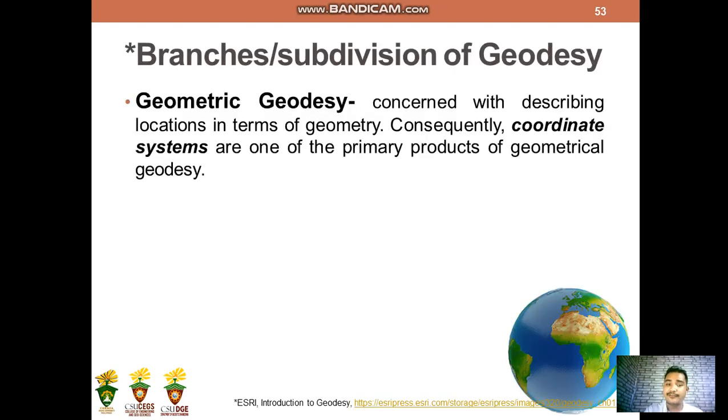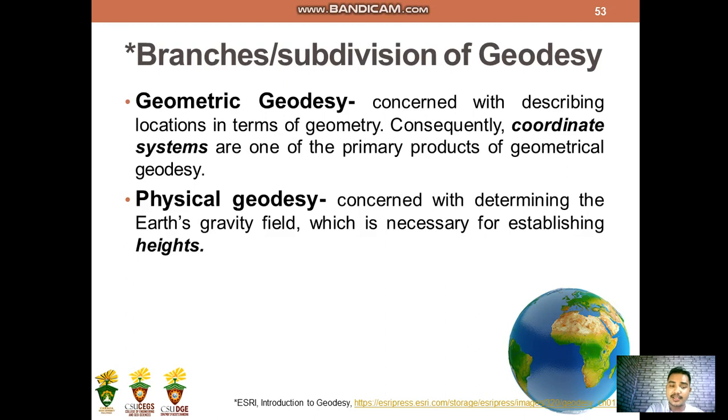We have the first branch of geodesy, which is our subject, geometric geodesy. Its concern is describing location in terms of geometry. Consequently, coordinate systems are one of the primary products of geometrical geodesy. So the main output of this subject is coordinate systems and the determination of locations of specific points on the Earth.